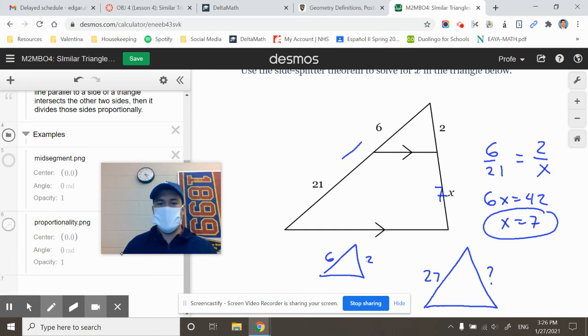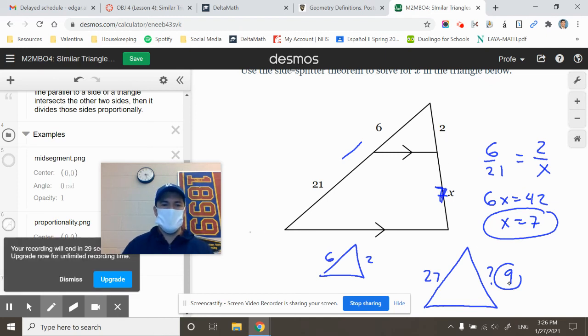Well, that side is 3 times greater than the other one. So 27 is going to be 3 times greater than this side. In other words, 27 divided by 3, that's 9. This larger side is going to be equal to 9. And if this part is 2, that makes, once again, x equal to 7, because 7 plus 2 is 9. So that's two different ways to think about triangle proportionality.